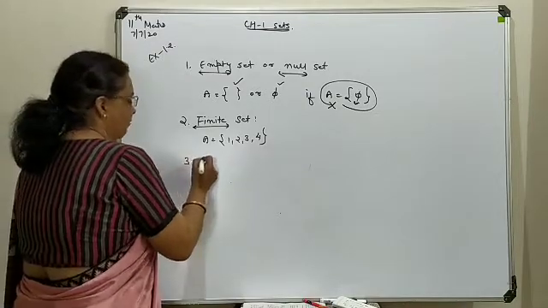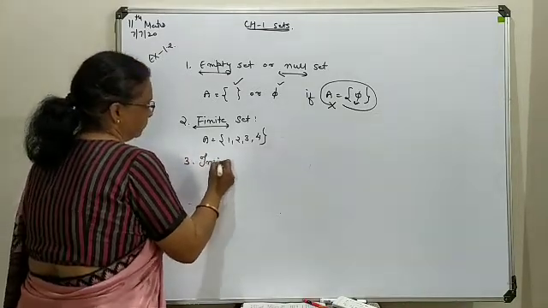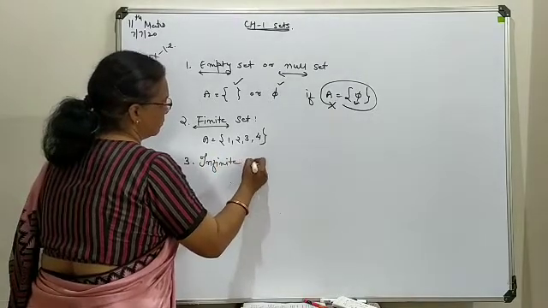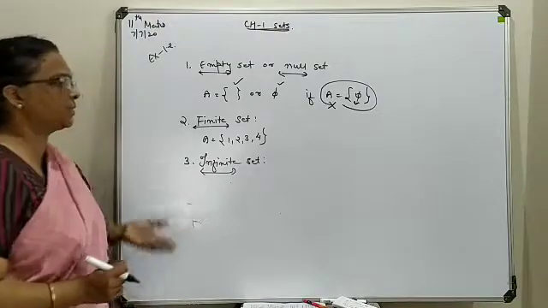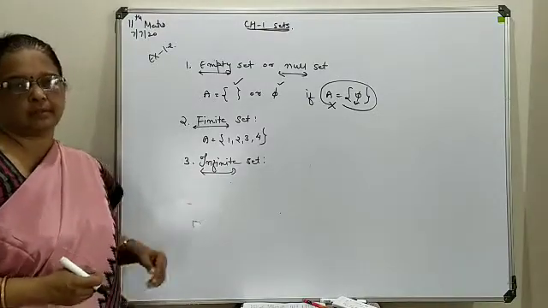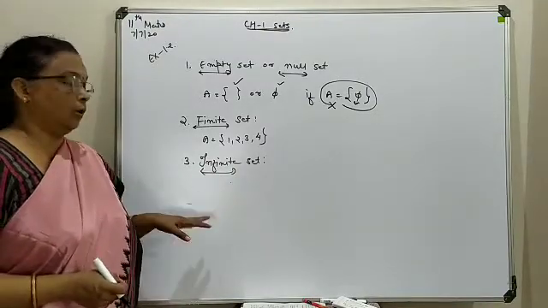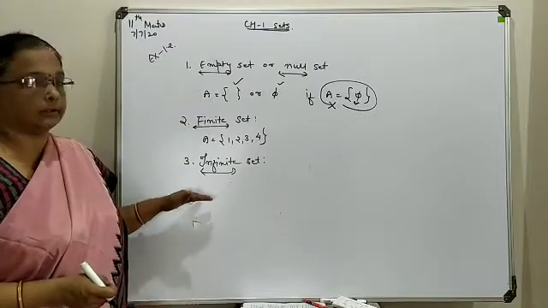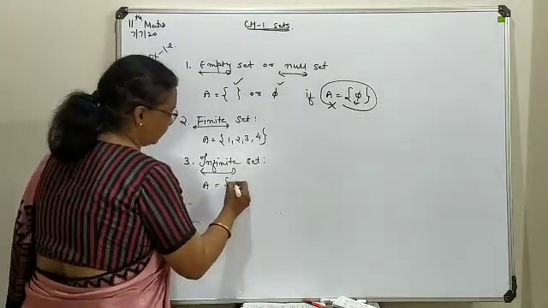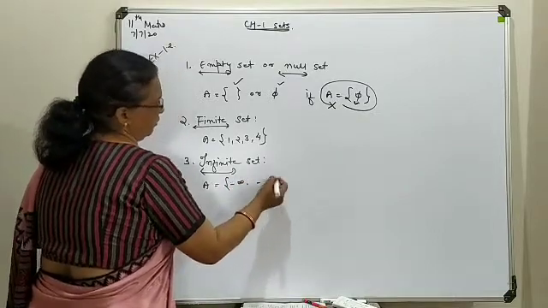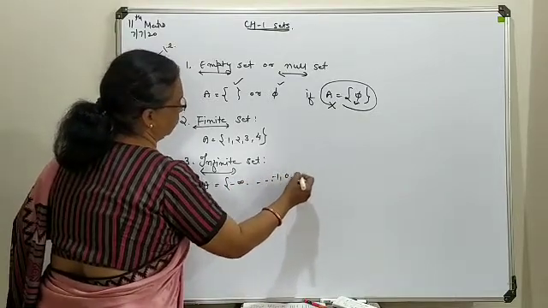Third one is an infinite set. Here also, as per the term, infinite means the number of elements in a particular set is infinite. So here, suppose we have minus infinity, and in between some elements we have minus 1, 0, 1, like that.